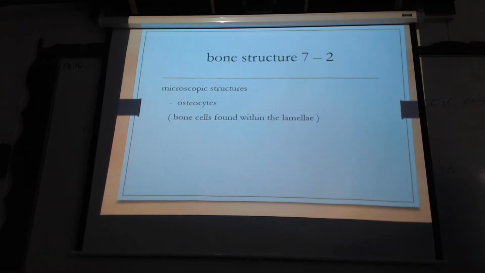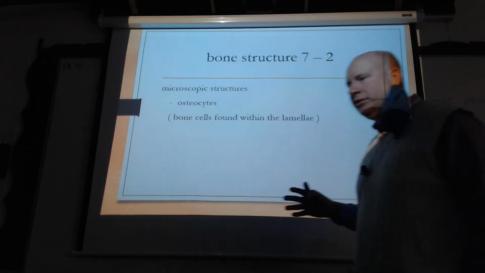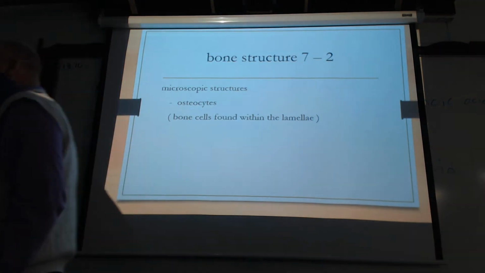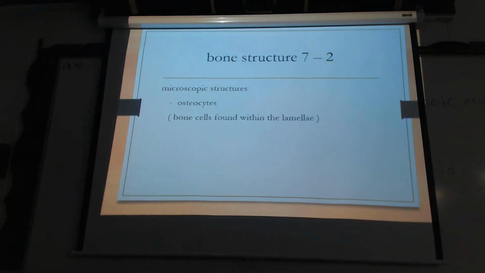Now, it has to be that way, just because as we get older, our bones continually have to be reshaped and remodeled due to the stresses that we put them through, whether it's at your age, participating in athletics, or as we get older.